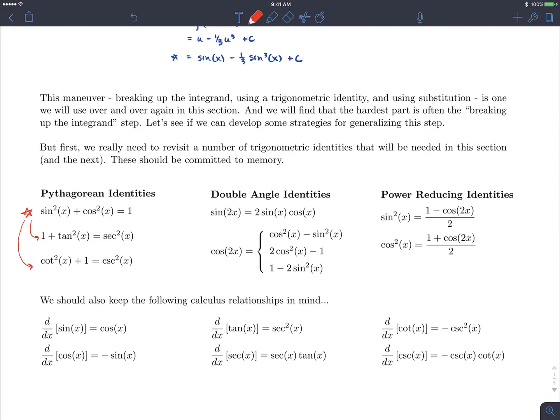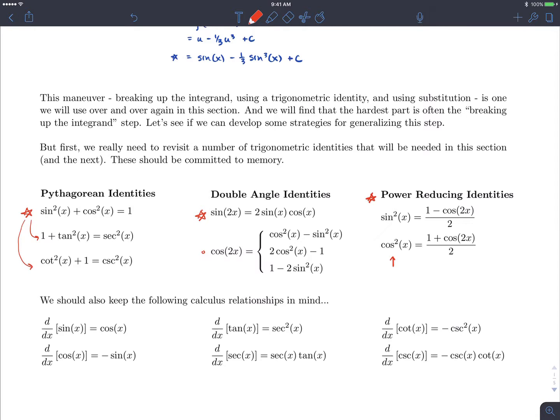The double angle identities, sometimes the cosine double angle identity pops up, but the sine will come up quite a bit. So that's a good one to know. And then these power reducing identities are also going to be very helpful for us. By the way, this is also connected with, if you remember from trig, the half angle identities. There's another way that we could express this.